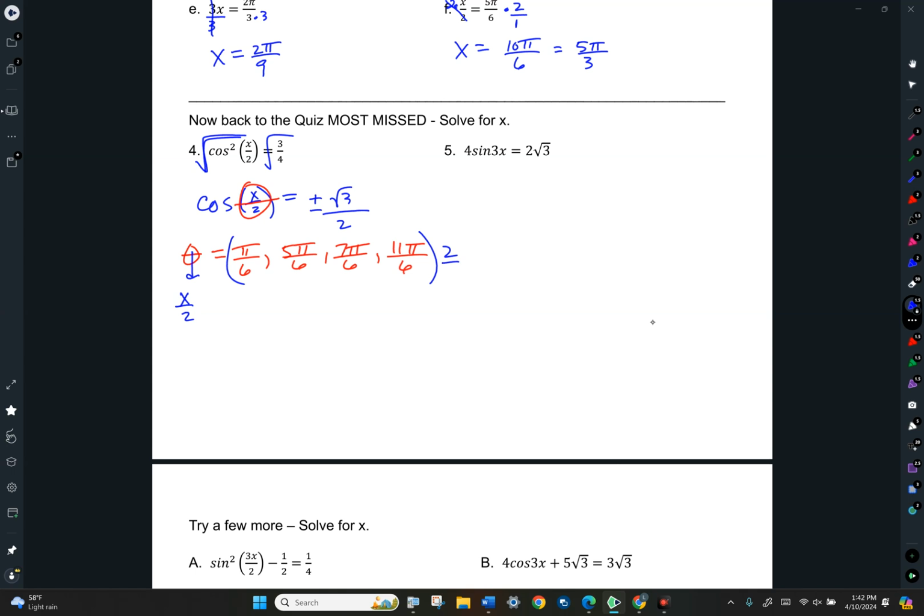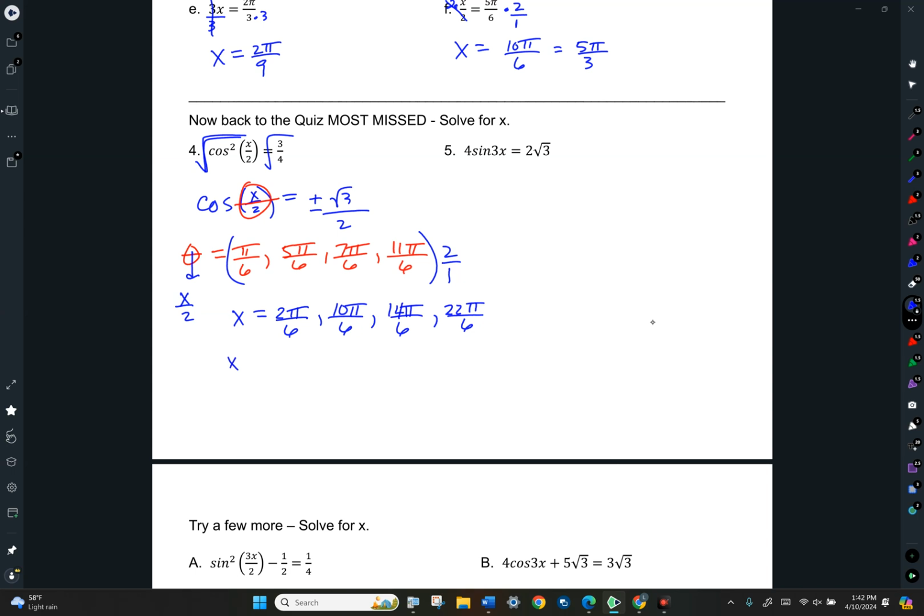Well, that's the same as saying you're multiplying by 2 over 1. So I'm going to get x equals pi over 6 times 2 would be 2 pi over 6, which, yes, you could simplify. 5 pi over 6, if you multiply by 2, would be 10 pi over 6. Yes, we'll simplify. 14 pi over 6 and 22 pi over 6.